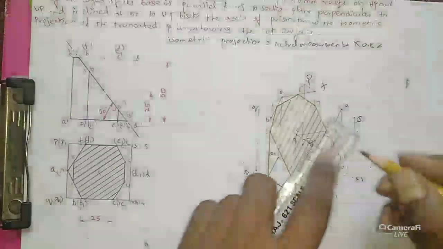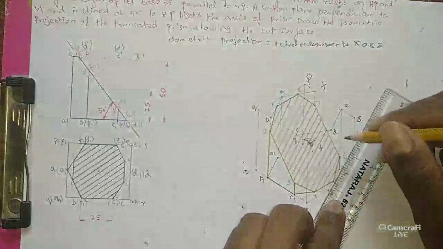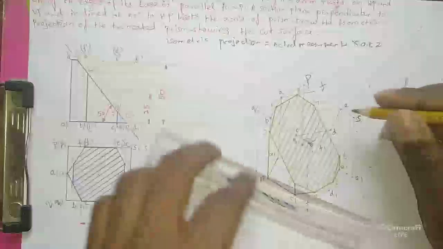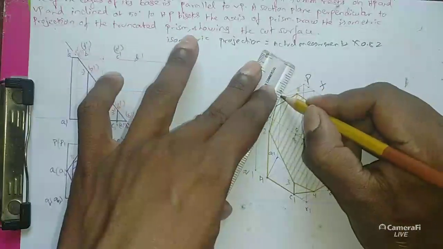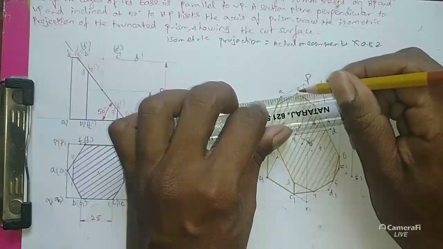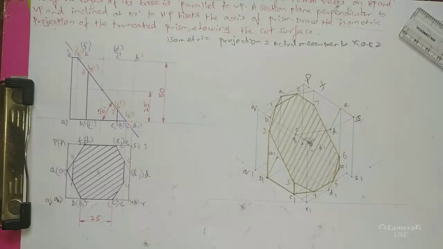The solid will be resting. Finally, this is the isometric projection of the given truncated prism, which is showing the cut surface.